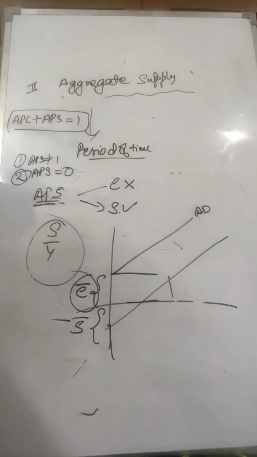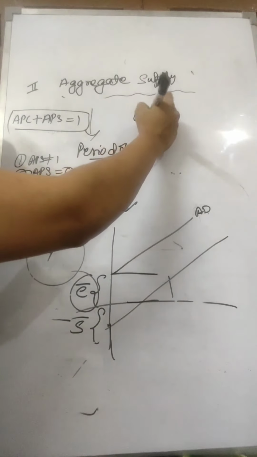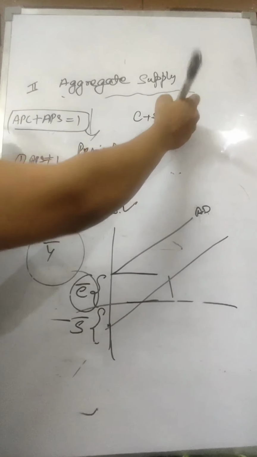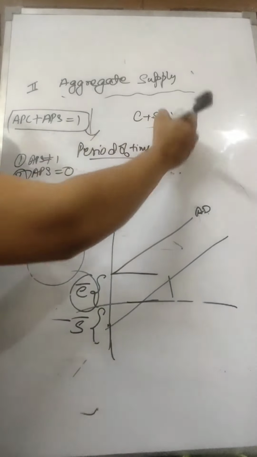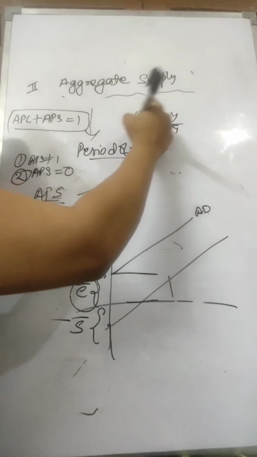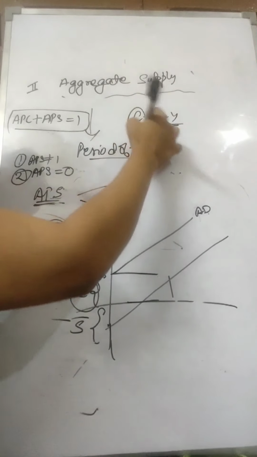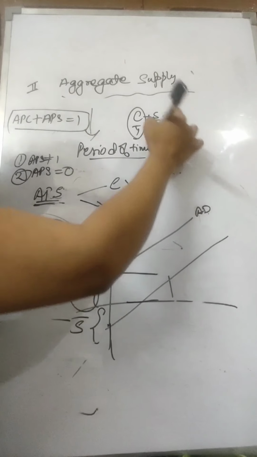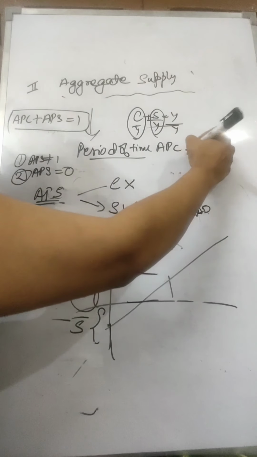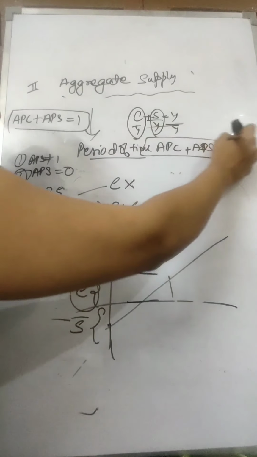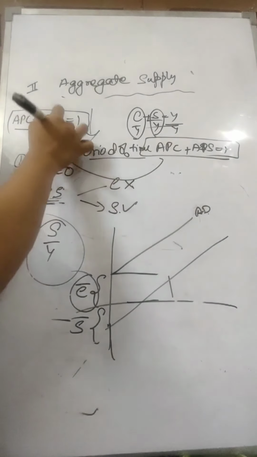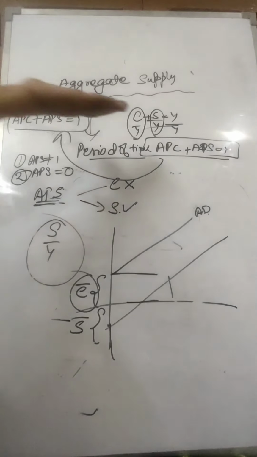And you can derive it also. How? C plus S is equal to Y, as your aggregate supply says. Now if I divide it by Y and Y, then this is my APC, this is my APS, and this is equal to 1. So I am getting the derivation of this formula.